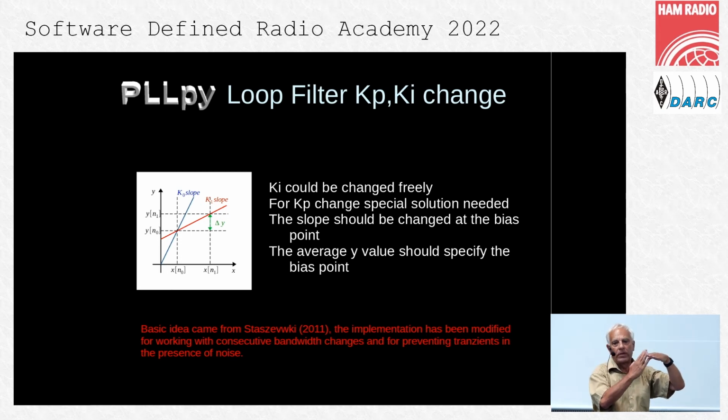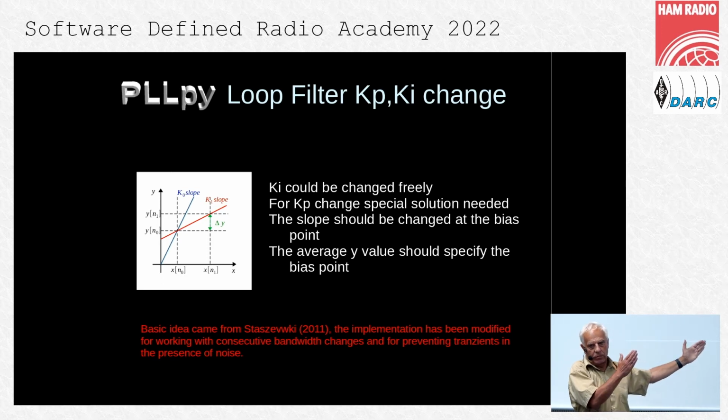And in that case, you won't have this step. Okay? And there is one more trick. If you have very large noise, in that case, you still could have some steps due to the noise spike. And that's why, on the y-axis, on the working point, you have to use the previous n-sample average, not the actual value.